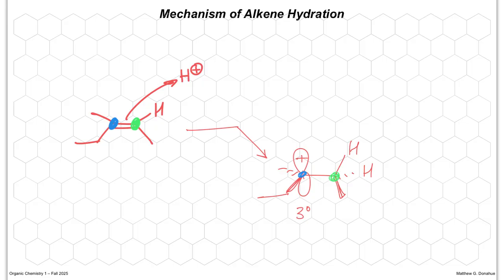If we protonate the blue one, that generates a secondary carbocation, and we know from the stability trend that's less stable. It takes more energy to form that, and so that's not going to lead to the major product.